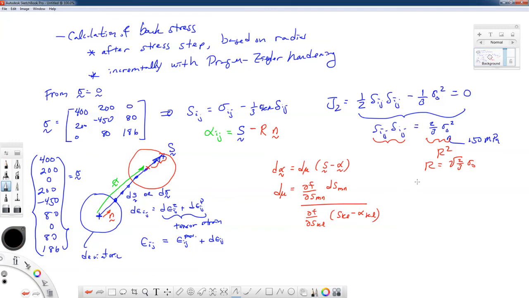Our expression for our yield criterion is really xi ij xi ij is equal to 2/3 sigma naught squared, where xi is equal to s minus alpha, the location of the backstress. And that's because in our kinematic hardening model, pure kinematic hardening, our yield surface radius doesn't change. So really our function f that we're going to end up using is going to look like this.